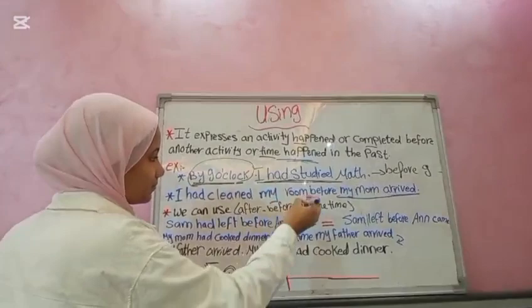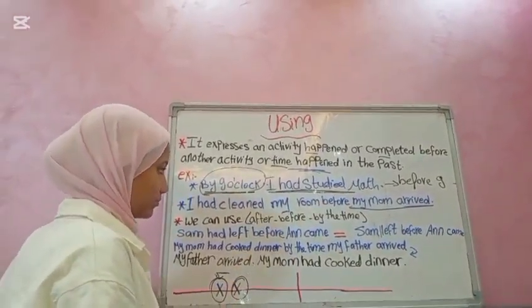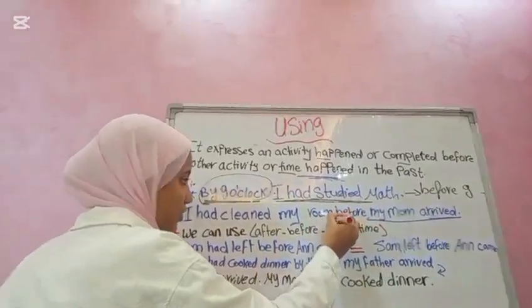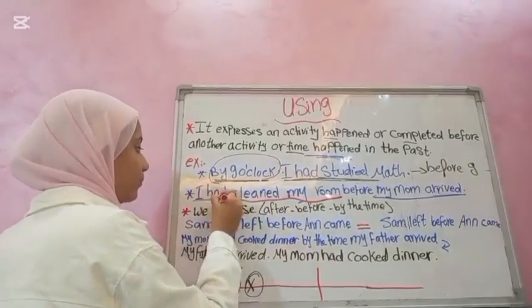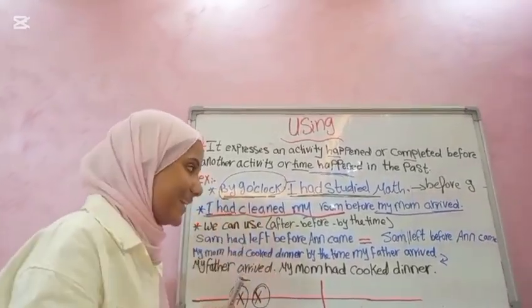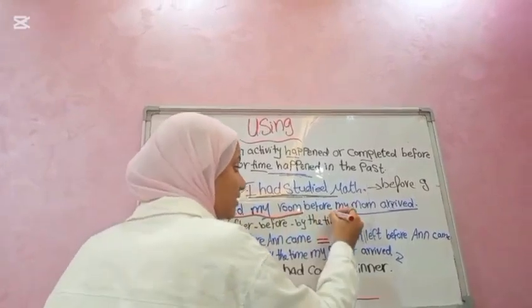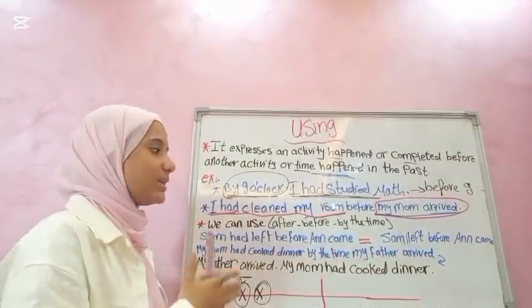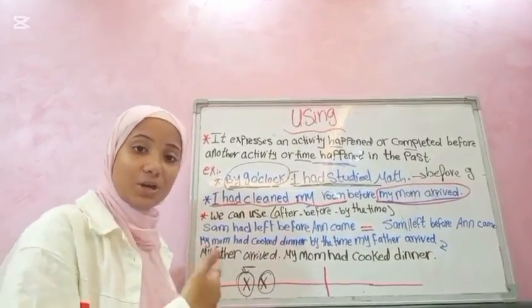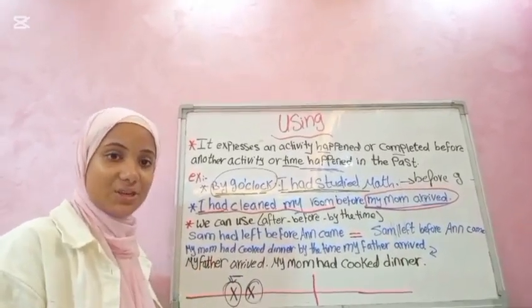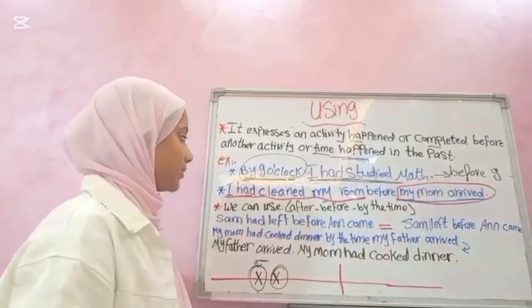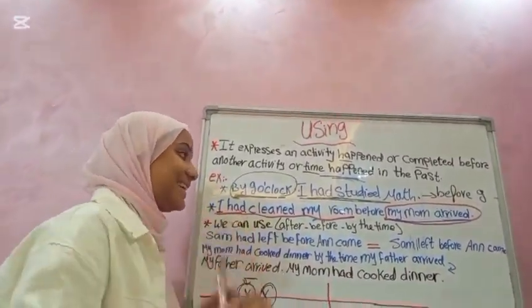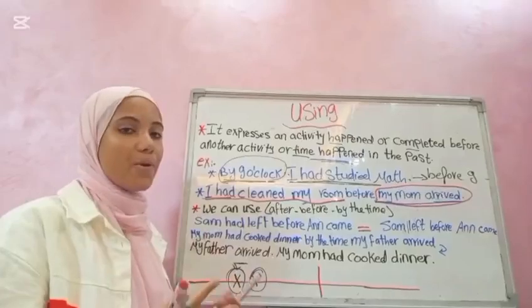The action, I had cleaned my room, finished and completed before another action happened in the past. My mom arrived and ordered me to clean my room. I started cleaning my room and finished it before my mom arrived. We will say I had cleaned my room before my mom arrived.